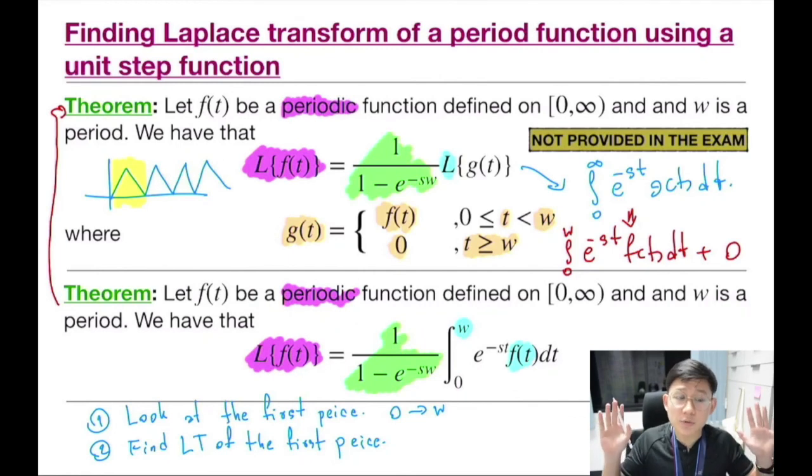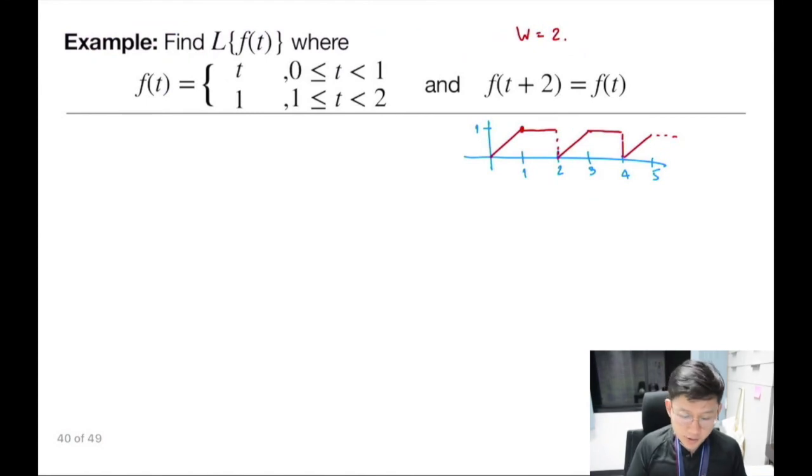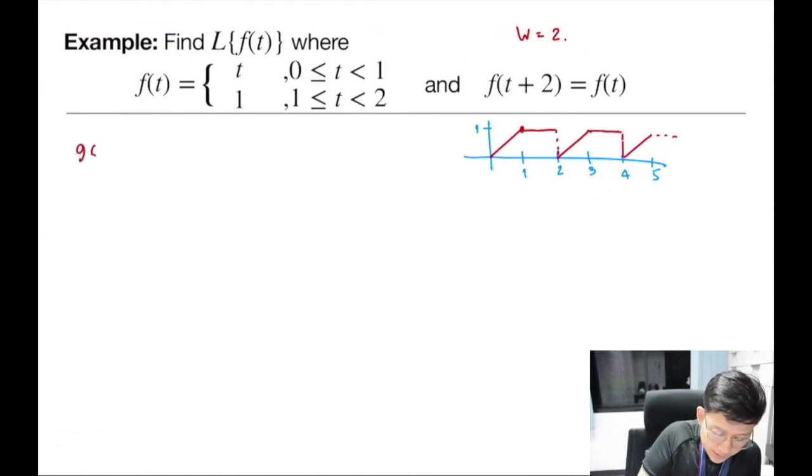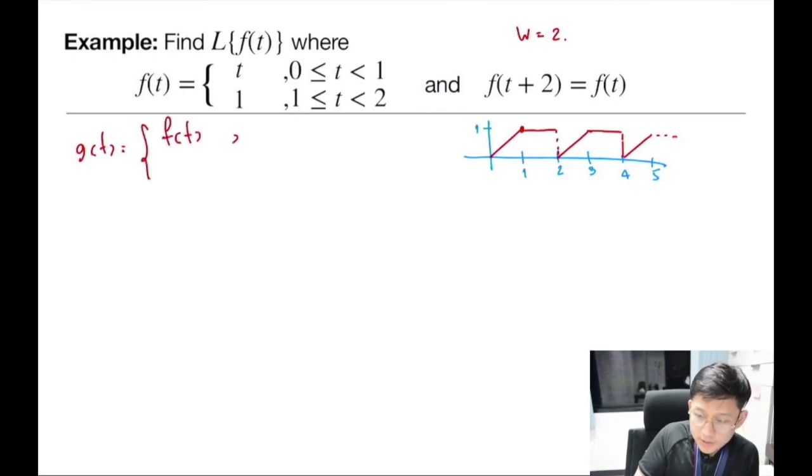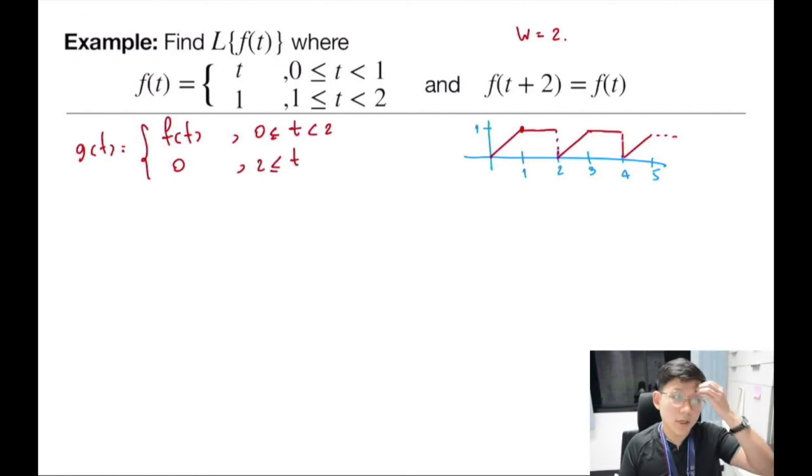What we are going to be using from now on for periodic functions is this theorem. Here we would define g(t) as, of course, f(t) when t is greater than or equal to 0 and less than 2, and 0 when t is bigger than or equal to 2.